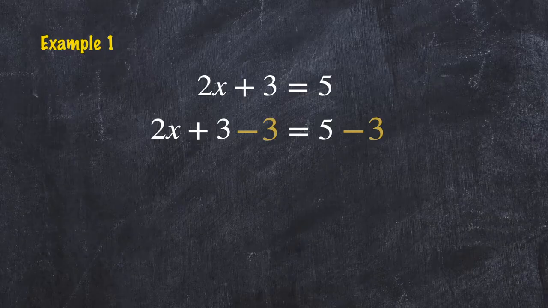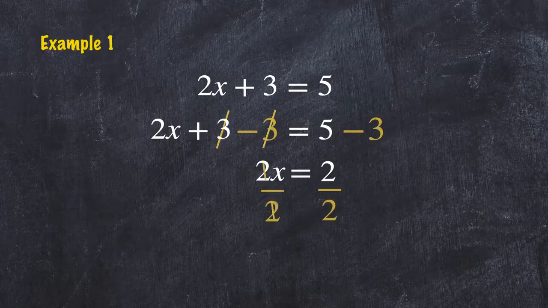What next? 3 minus 3 will give me 0. So I have 2x is equal to 5 minus 3, which gives me 2. That takes us to the next step of the equation. We are now going to divide each side by 2 and cross out the 2. So x is now equal to 2 divided by 2, which is 1.